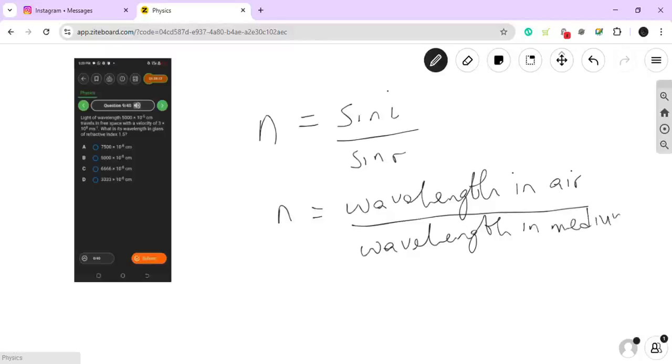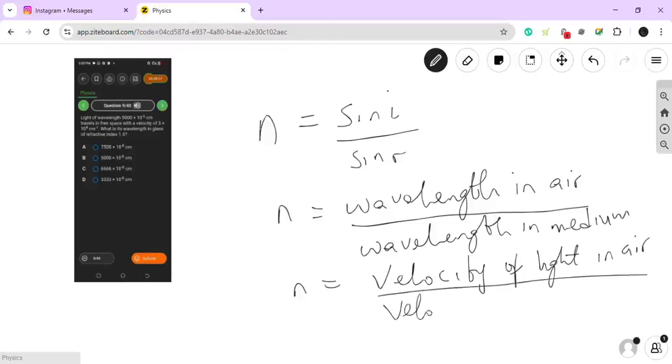Or you say velocity of light in air over velocity of light in medium. Your medium can either be glass or water, because we just have three media: air, glass, water.